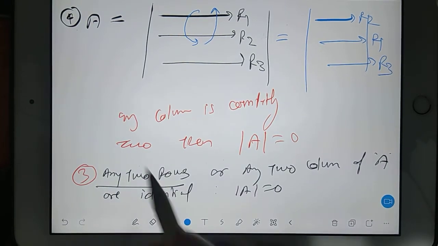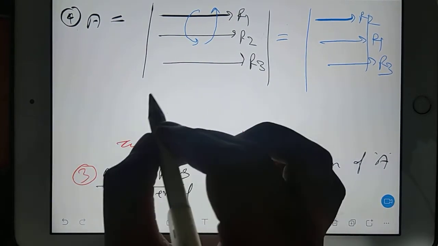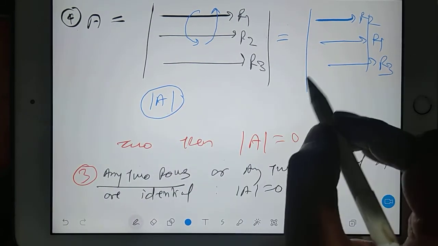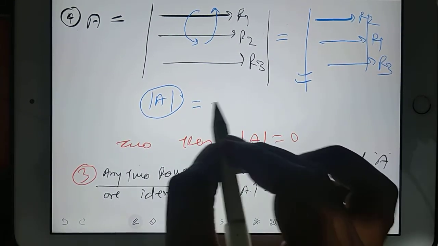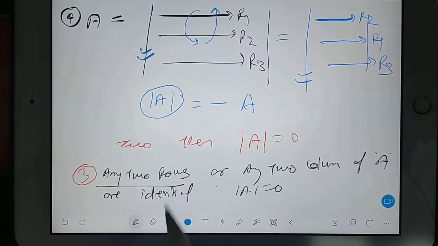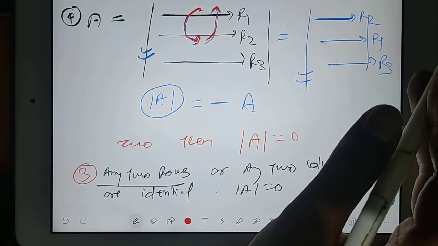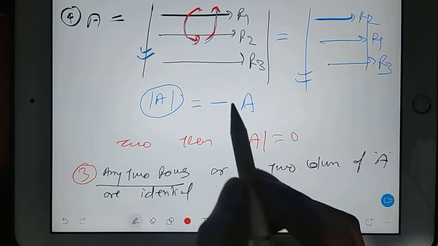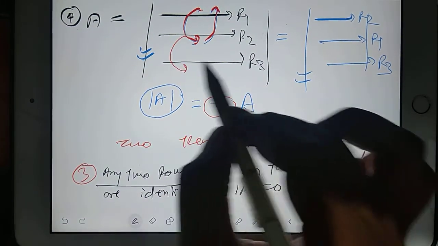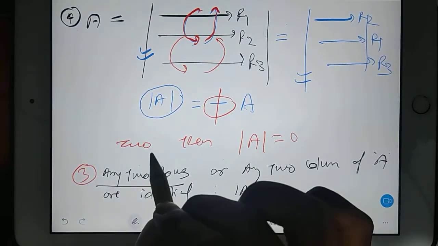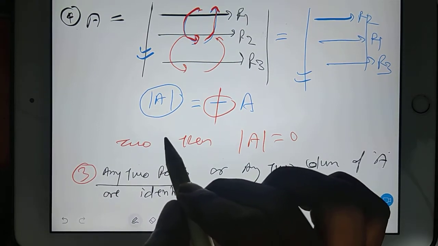Then one minor change will come in your answer. The determinant of A will be minus the determinant of this new matrix. If you interchange one pair, then one minus sign will come. If you again interchange one pair, again one minus sign will come, so it will be a plus sign. That is the idea.